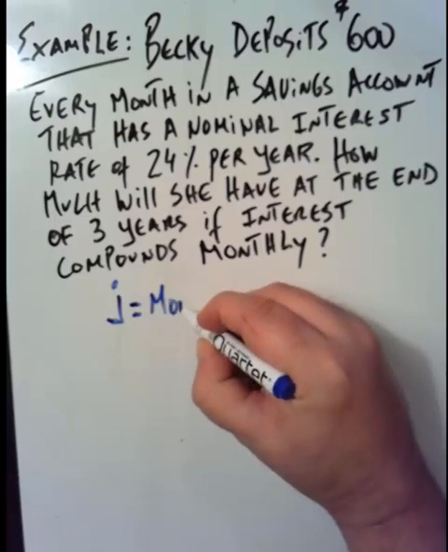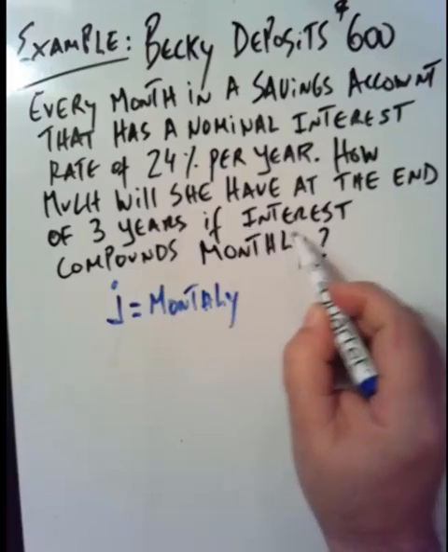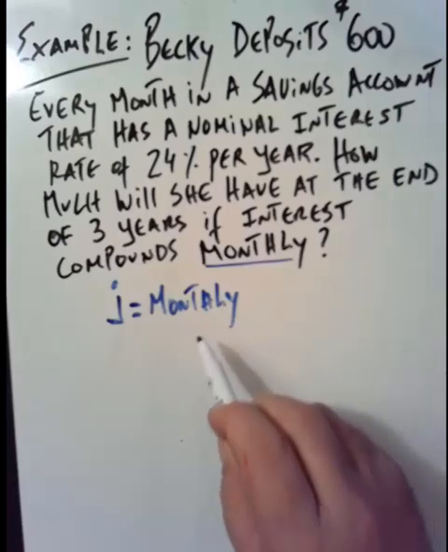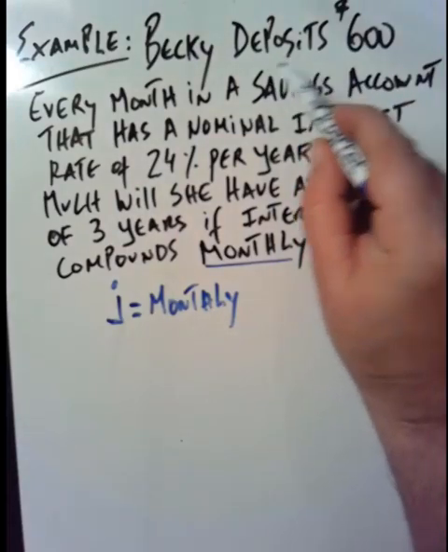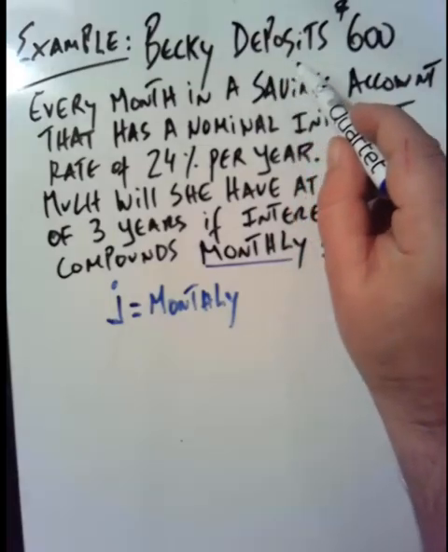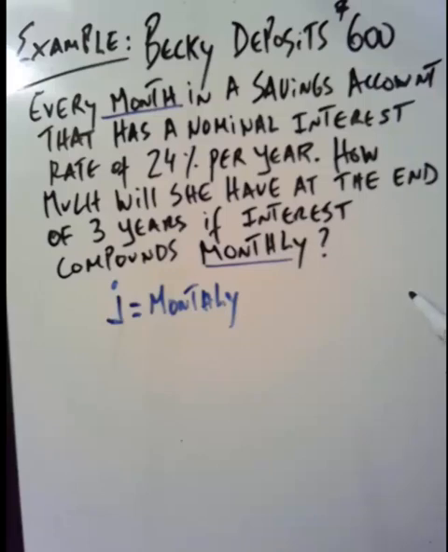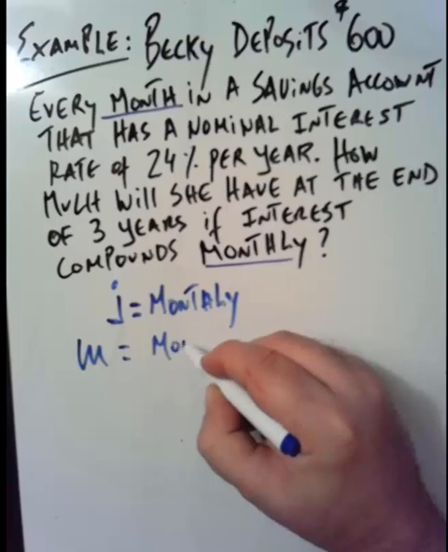J happens monthly. Interest compounds monthly, so J is in months. And the cash flows, Becky's deposits, happen also every month. So M is also monthly.